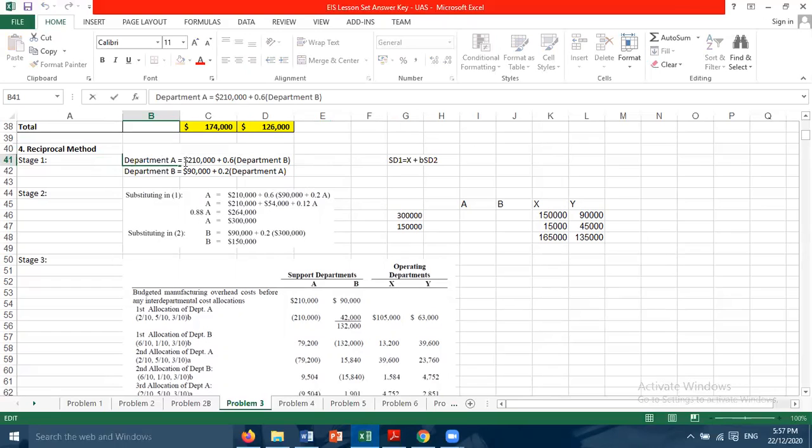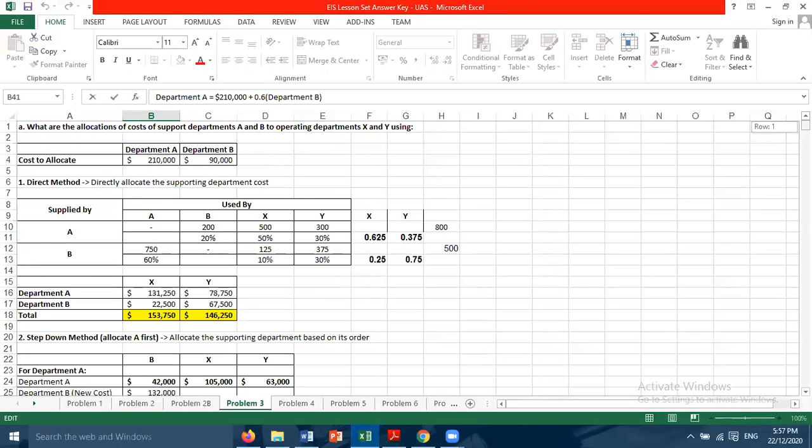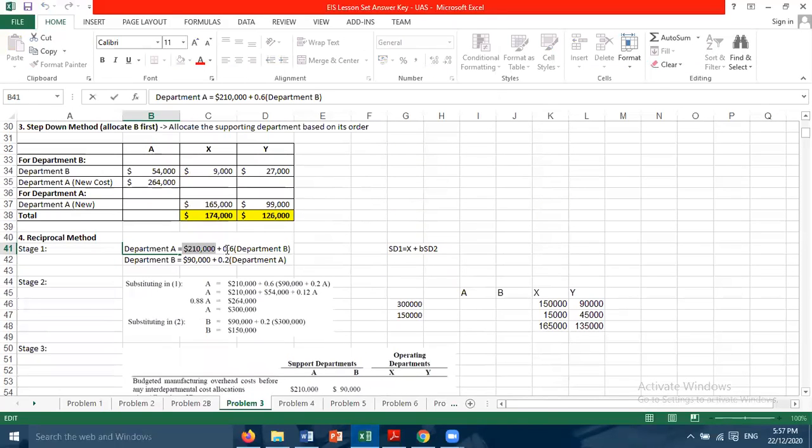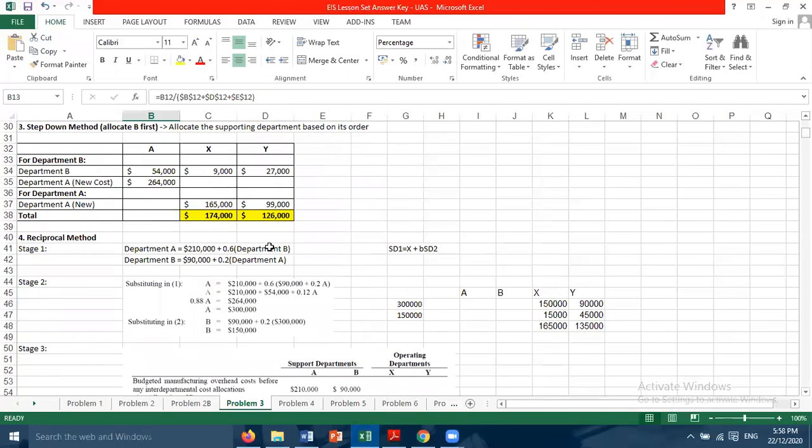Department A equals 210,000, which is the base cost for department A, as we can see here, multiplied by 0.6. 0.6, as we can see, is the weighting or the work done supplied by B here, 60%, multiplied by the cost of supporting department B. And the same goes for department B. Now, all we need to do is just substitute this equation here, and we'll get this answer here.